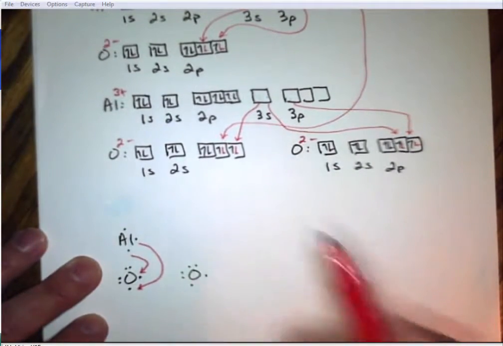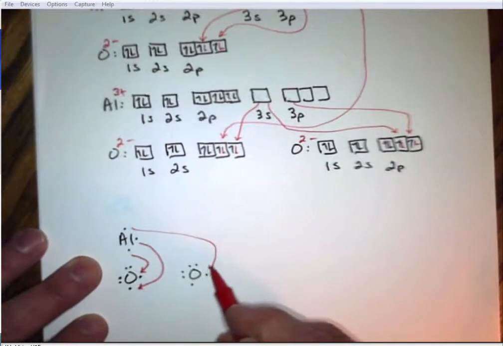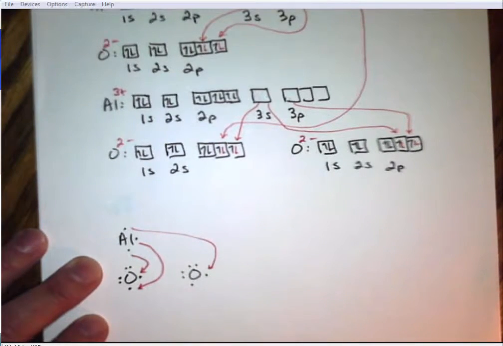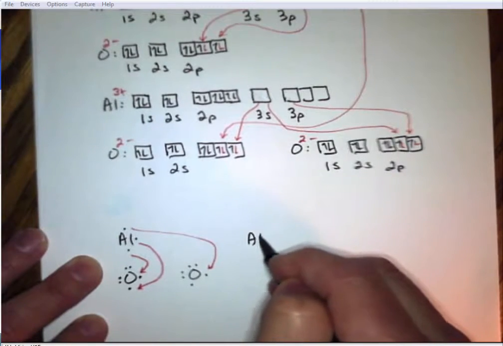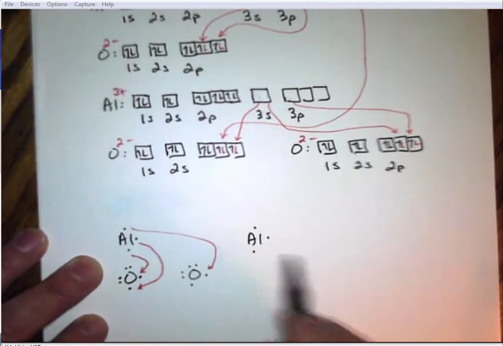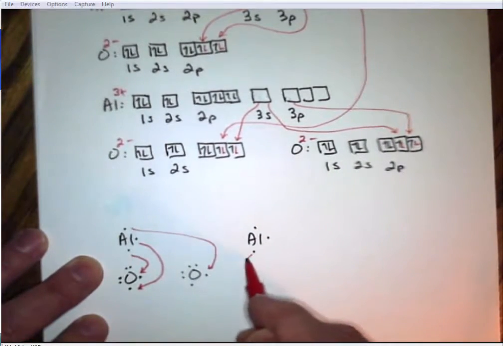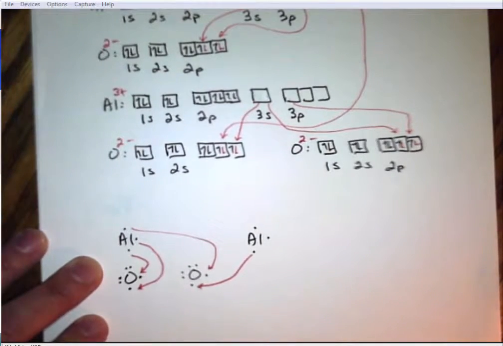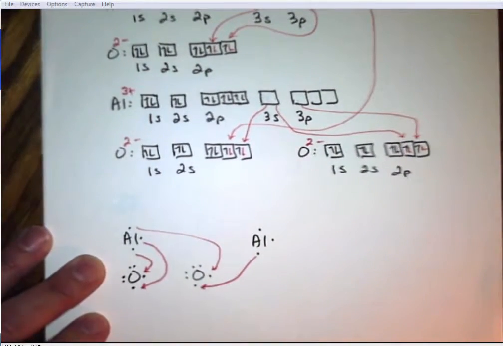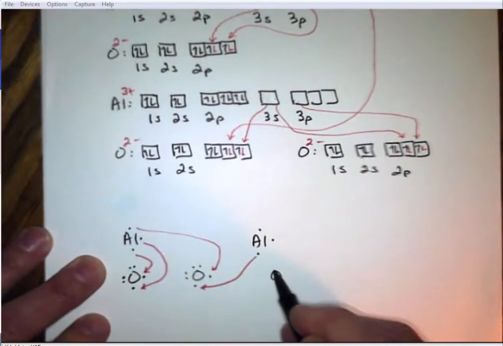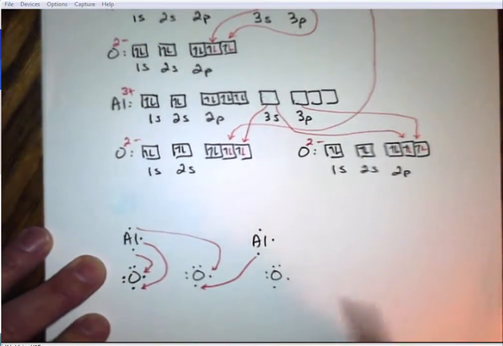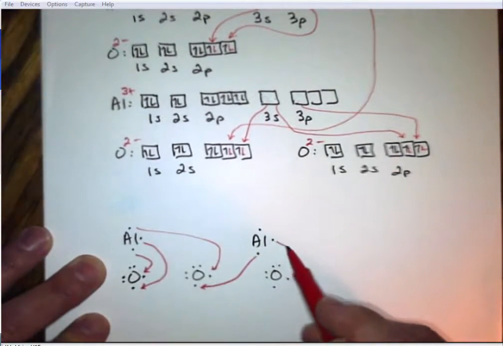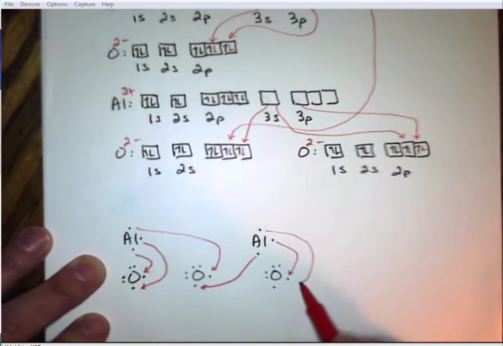And so I can put 1 electron dot here, but then this oxygen is going to need another one. So I need another aluminum, so that I can move another dot here. Now that oxygen has the 8 it wants, but this aluminum needs to get rid of 2. So I'll build another oxygen over here and move the remaining electrons over here, and everything's all taken care of.